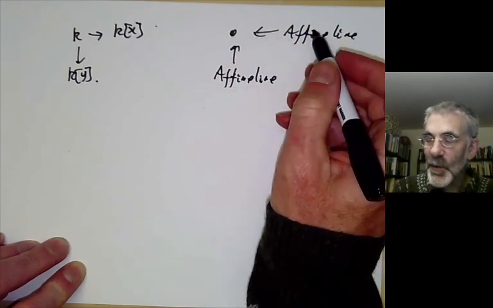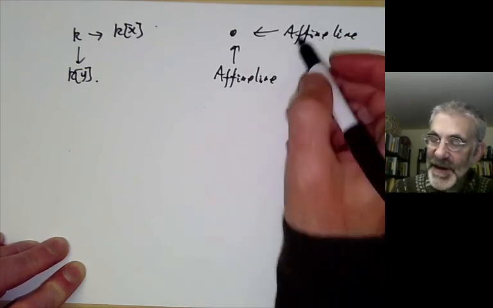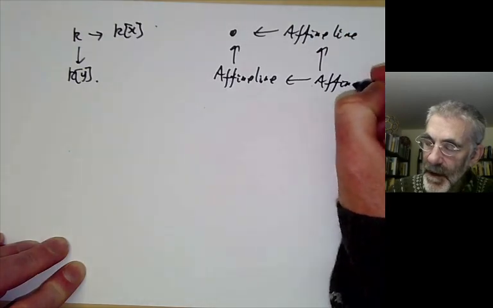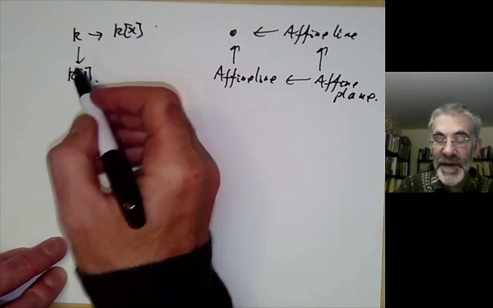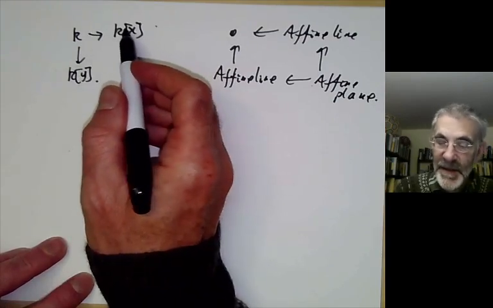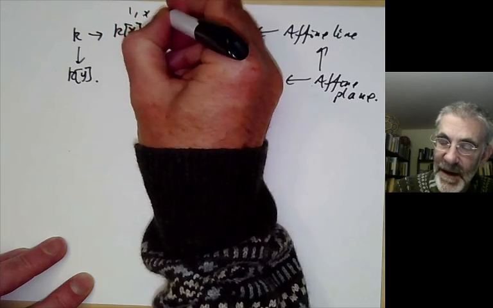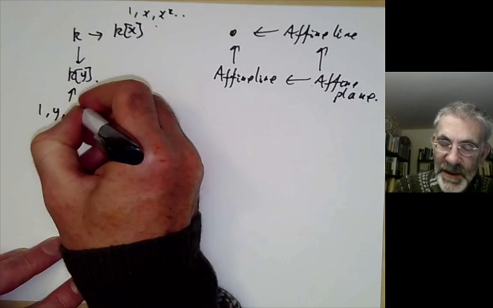And we want to know what the product of these two spaces is, and rather obviously the product is going to be the affine plane. And this corresponds to the tensor product of these two rings here. And the tensor product is easy to work out because this has a basis 1, x, x squared, and so on. This has a basis 1, y, y squared.